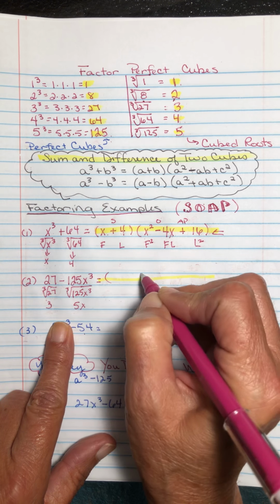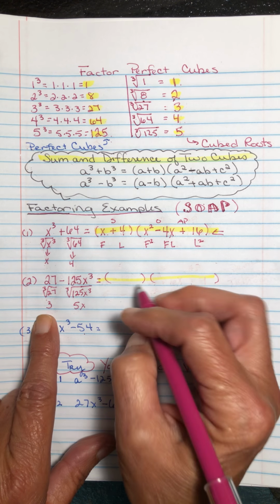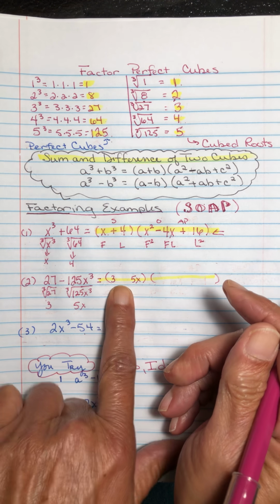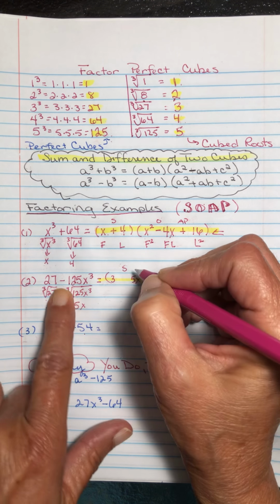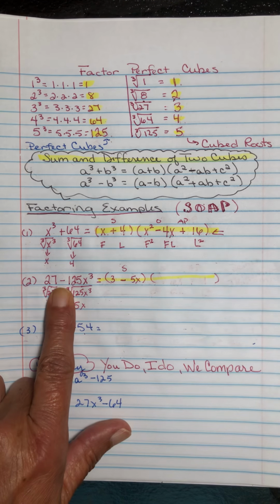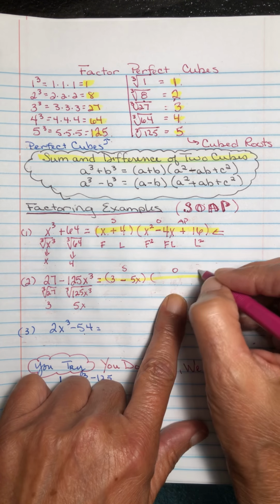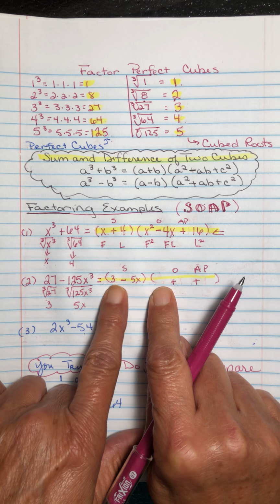I'm going to make my little template here and put in the 3, put in the 5x, but I didn't put in the sign. Well, what is it? According to SOAP, it's got to be the same as our original problem. Then the opposite, and then always positive. All right, what's the opposite? Well, plus sign. Now I can fill these in.